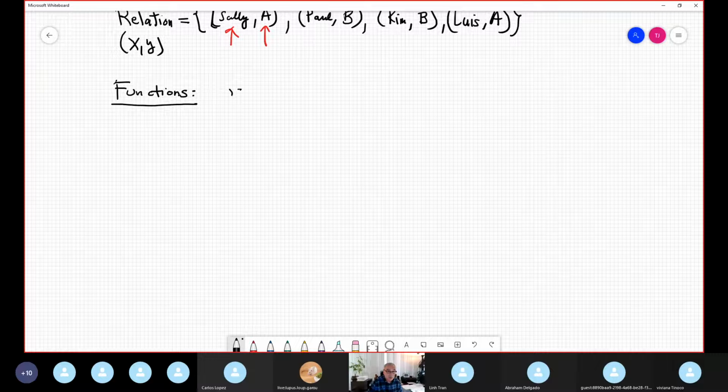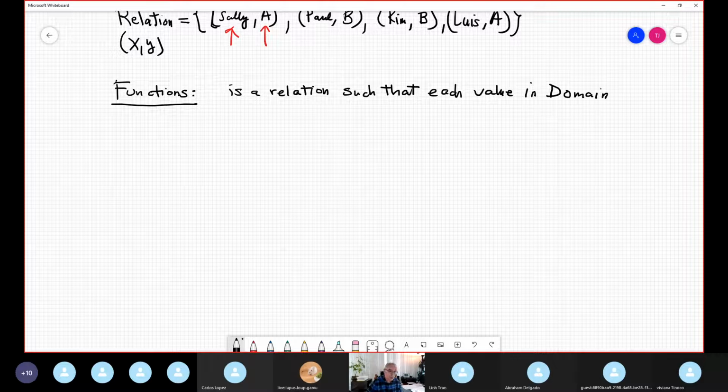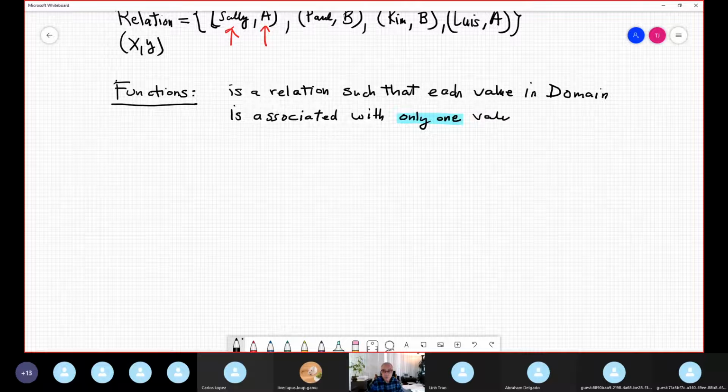A function is a relation, but a special relation, such that each value, or each element, in the domain is associated with, and this is the most important part of the definition, only one value in the range. Okay, only one. So the definition is a little bit confusing.